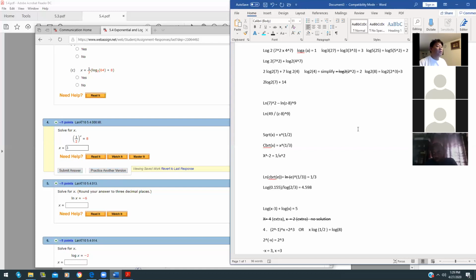Then my x comes down. How do I solve for x here? I divide both sides by log 1/2. So x in this case will be log 8 divided by log 1/2. And if you do this in your calculator, you will also get 3.